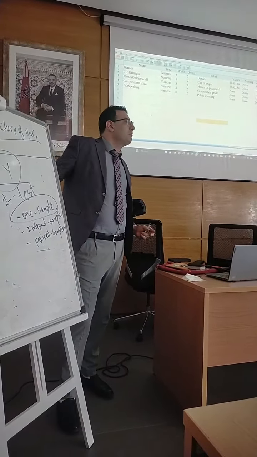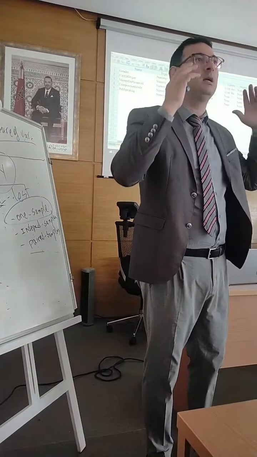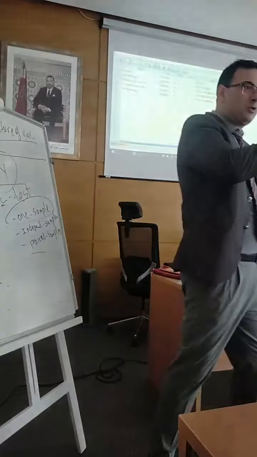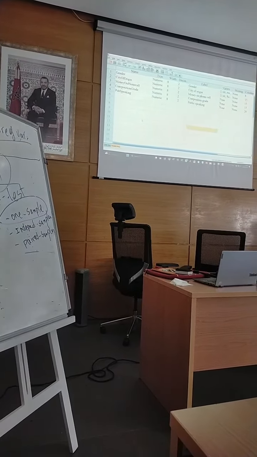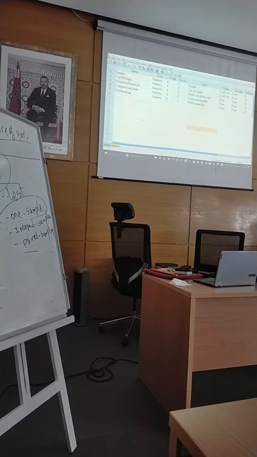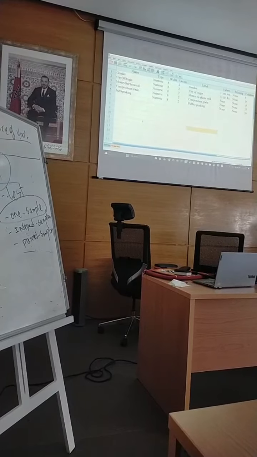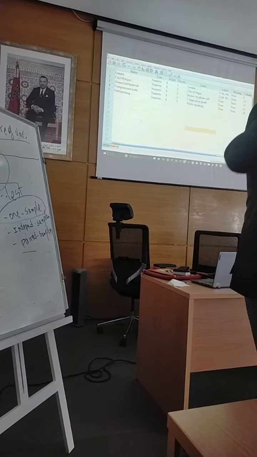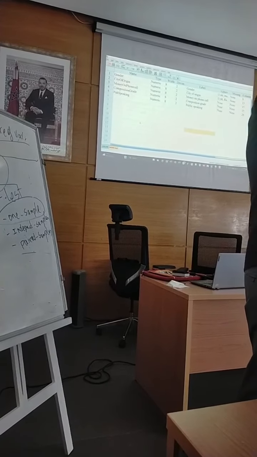Independent samples means that you draw your data from two individual groups, and they are mutually exclusive. That is to say that when you assign a score to this individual, this score is independent of the score of the other individuals. They are separate. They are independent. Male and female. When you give 10 to a male, you will not give the same score to a female.